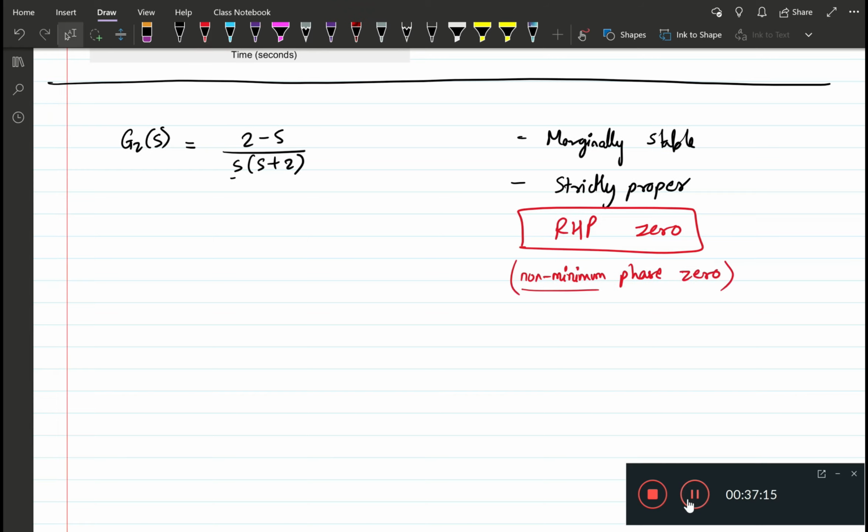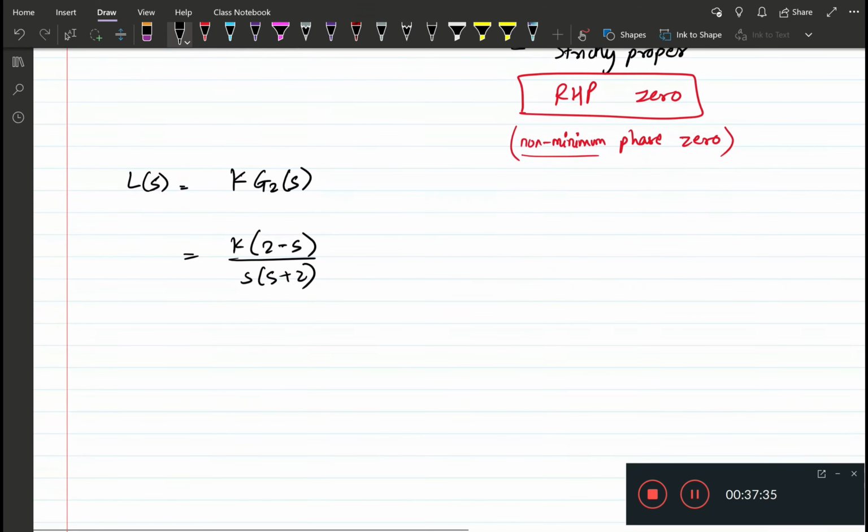So let's again look at L(s), which is the open loop transfer function k times G2(s), which in this case is now k times (2 minus s) over (s plus 2).